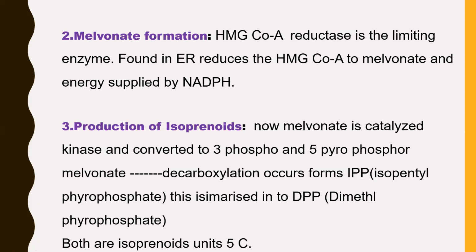Mevalonate is catalyzed in presence of the enzyme kinase and converted to 3-phospho and 5-pyrophosphomevalonate. Decarboxylation occurs and it forms IPP, isopentenyl pyrophosphate, and another isomer of IPP, that is DMPP, dimethylallyl pyrophosphate. Both the isoprenoids have 5 carbon atom units.